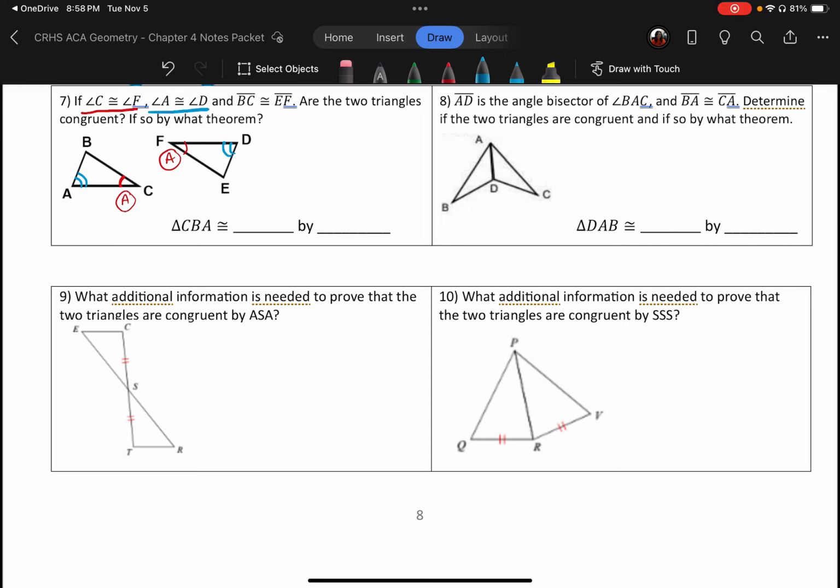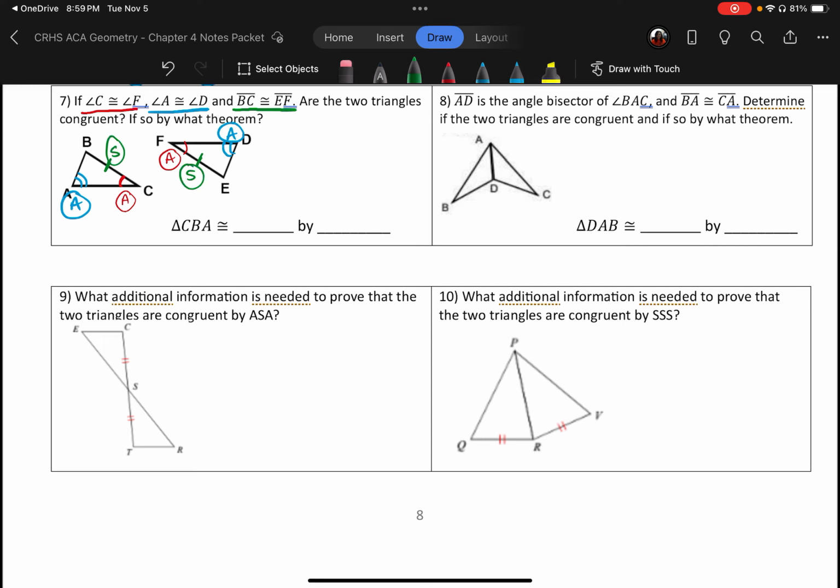A is congruent to D. So that is another congruent angle here. And then lastly, it says segment BC is congruent to segment EF. So here's BC congruent to EF. So that side is congruent to this side here.